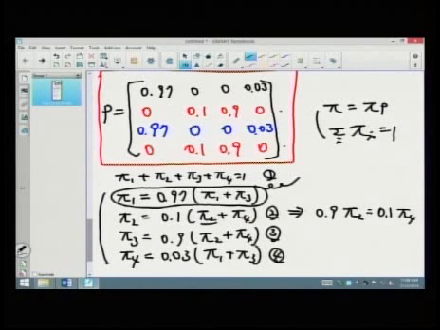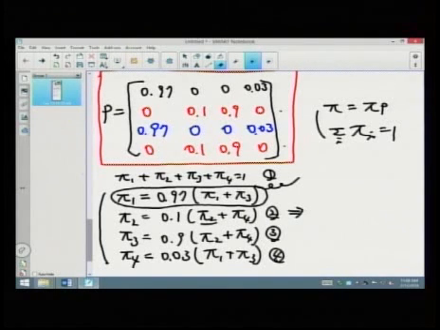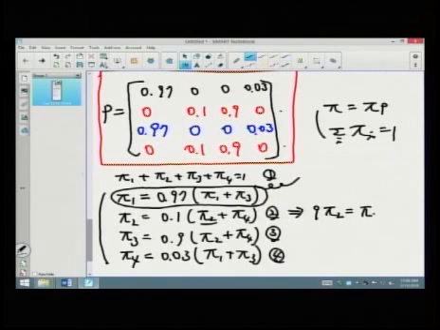If you multiply by 10 on both sides, we can simplify that: 9 pi 2 equals pi 4. So I can name it 2 prime, okay?